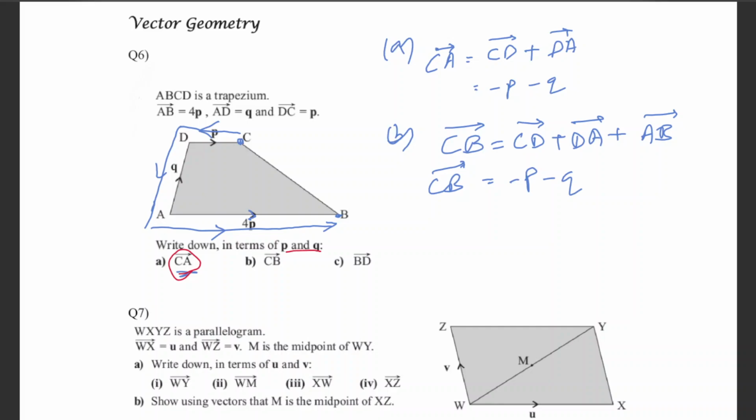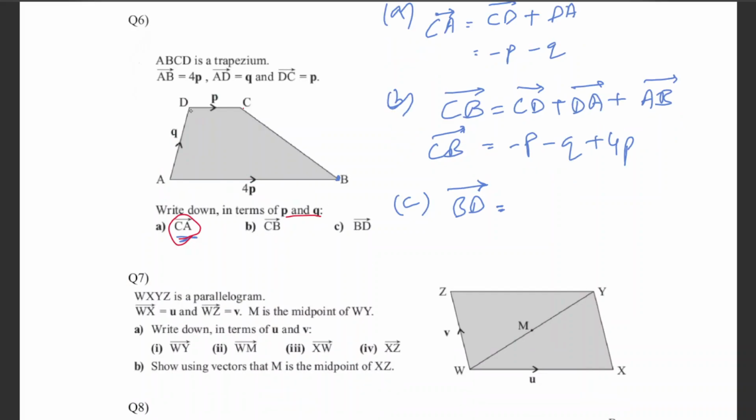I hope this is clear to you. Okay, so pause the video and do this BD. So if you have unpaused, just check the answer. So BD will be, we have to start our journey from B and reach D, correct?